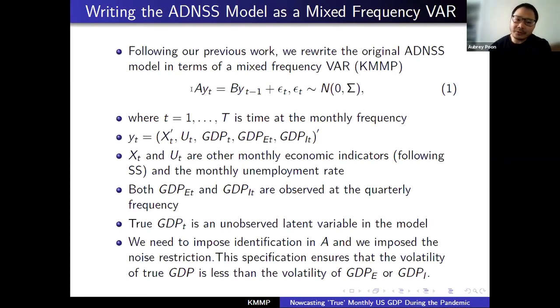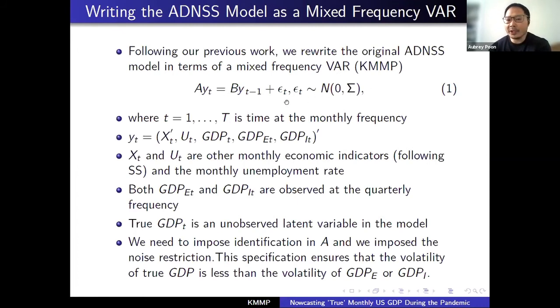You can think of this A matrix as the contemporaneous matrix, where you have ones on the diagonals, and the off-diagonals on the left part of the matrix are non-zero. And this B matrix, the VAR coefficients, some of these coefficients are restricted to reflect the ADNS model. And then the variance is just a diagonal matrix.